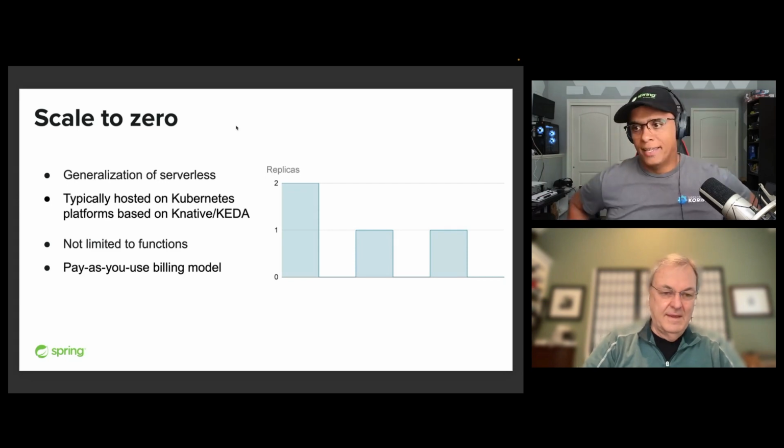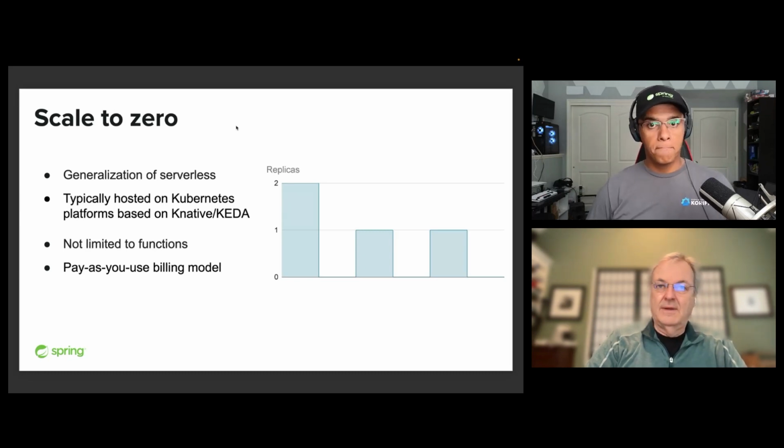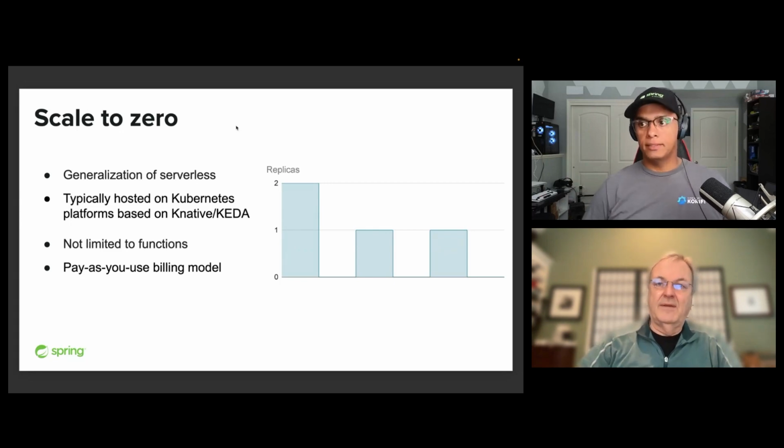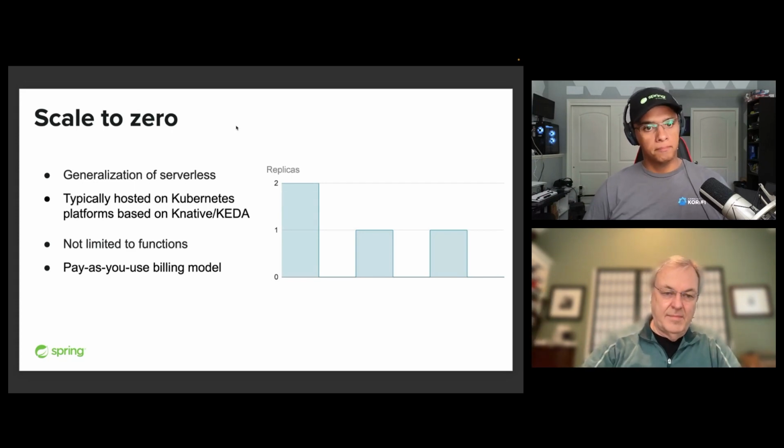I love Knative Serving so much that I haven't even taken KEDA for a spin yet. I think KEDA gives you more options, like you can scale on message queue length. Knative is typically HTTP requests, so if you don't have any requests, your app can scale to zero, but if you do get one, it scales back up.